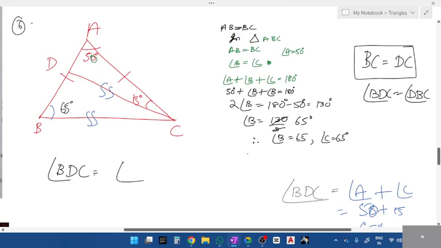Yeah, that's it. So look here, angle BDC is what you have to find. Angle BDC is the exterior angle for angle A plus angle ACD. 50 plus 15 is equal to 65 degrees.